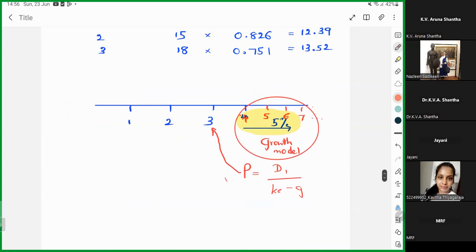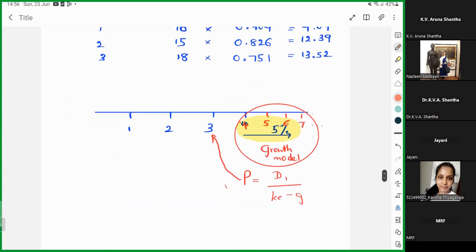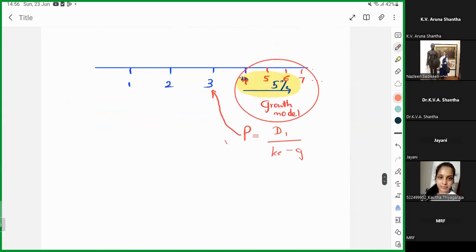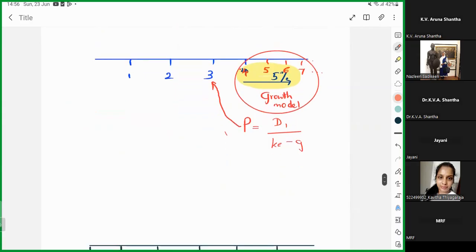But here, your assumption is that the dividend grows at a particular rate from the fourth year onwards. Then you apply the growth model only for the dividend from the fourth year onwards. Then the P value is not the value now, it is the value at the end of the third year.